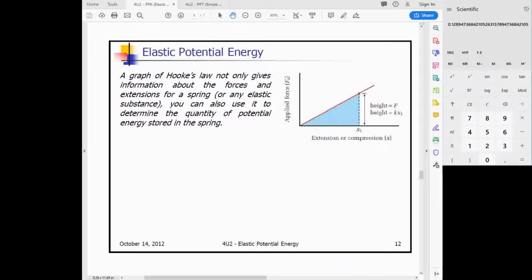It's a force in newtons times the x, which is a displacement in meters, and every time we multiply newtons by meters, we end up with joules. So this might help you understand that the stored potential energy in the spring can be calculated by finding the area underneath the curve, and in this case it's a straight line, so the area underneath that is a triangle.